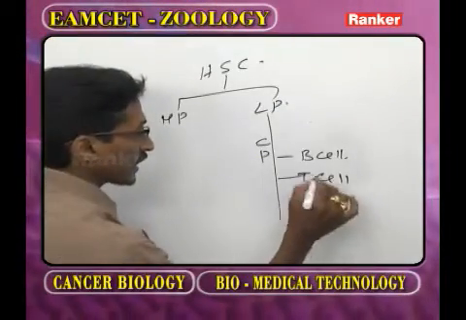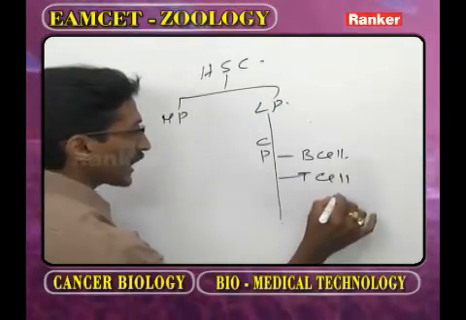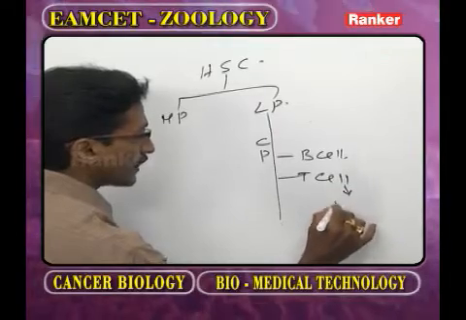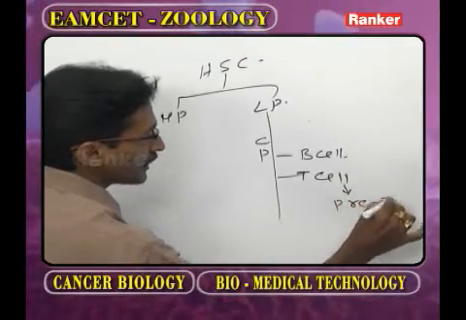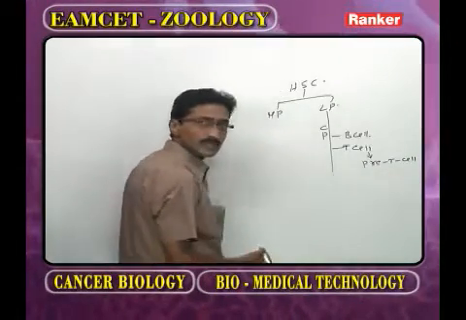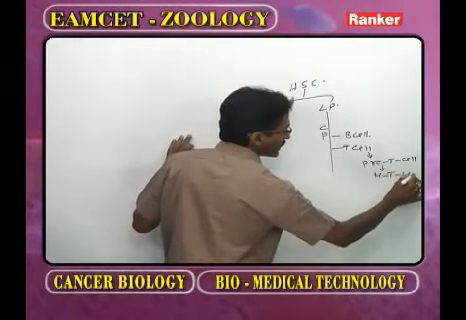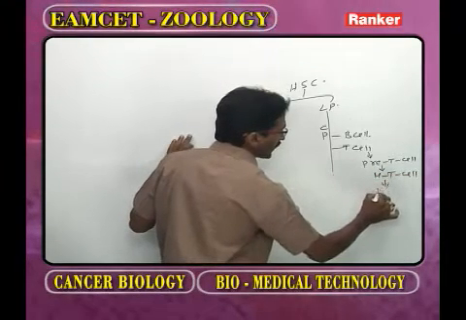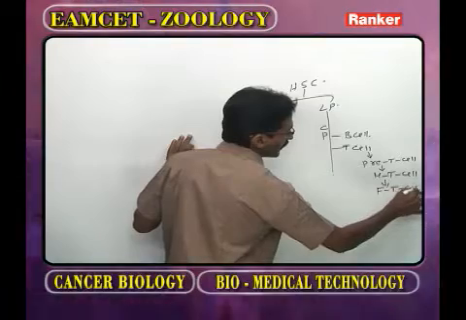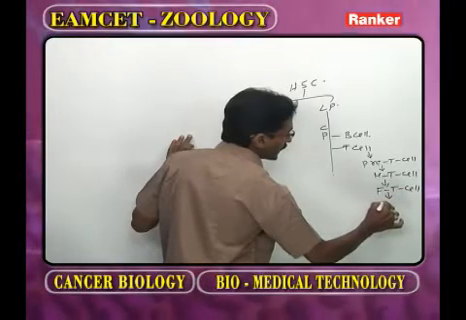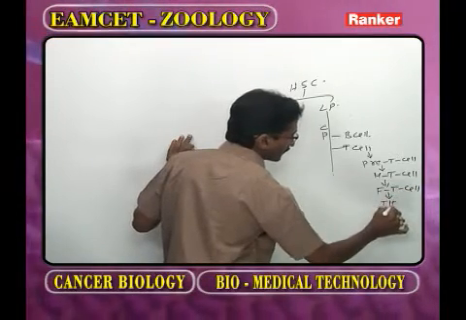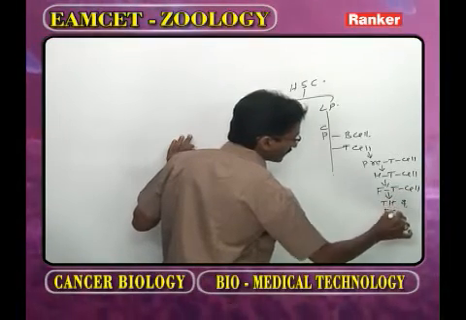Now the T cell, what we discussed later. First of all, the pre-T cell. Later it becomes the mature T cell. Later it becomes the functional T cell. Later it divides into TH and TC.